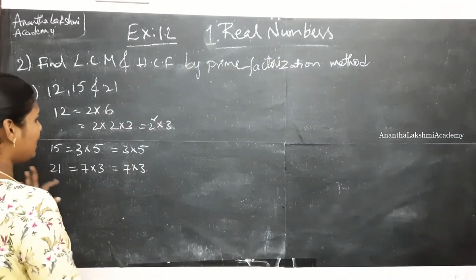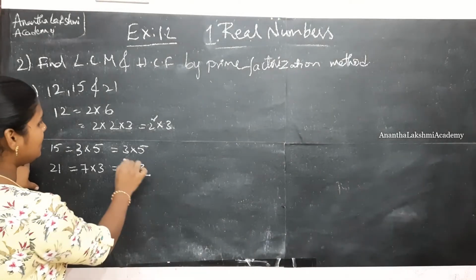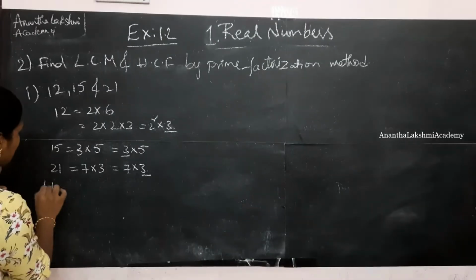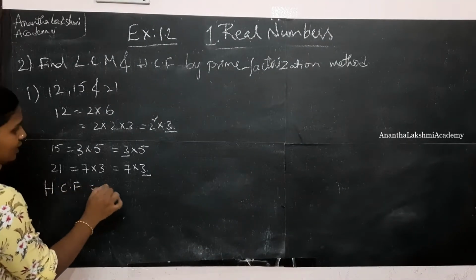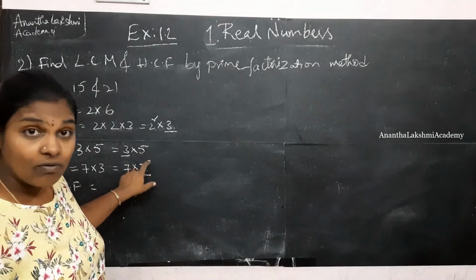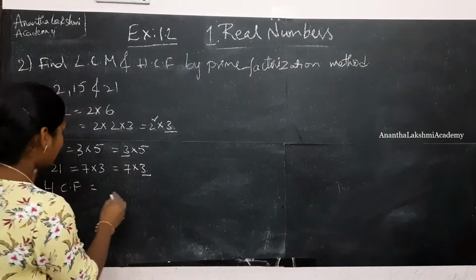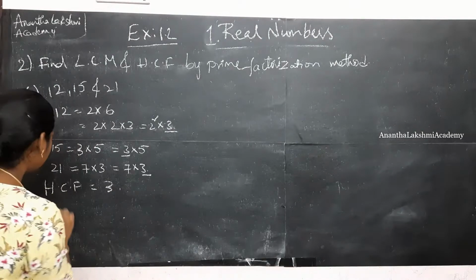So if you look here, what are the common things? 3, 3, 3. What is HCF? HCF is the least powers of the common factor. What is the common factor? 3. Alright.